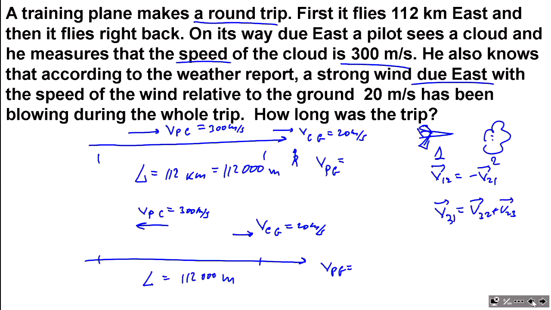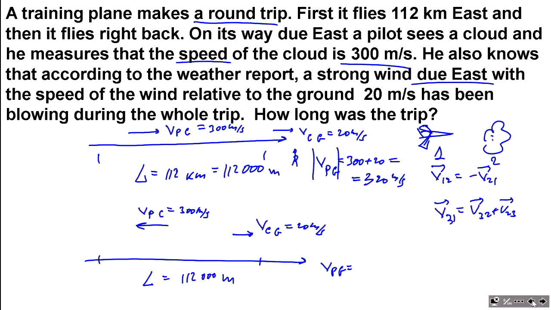But the application of this law will give us some difference, because the velocity of the plane relative to the air, relative to the cloud, has different directions. So I can immediately tell what will be the speed, the magnitude of velocity, in the first case relative to the ground. That will be 300 plus 20, 320 meters per second.